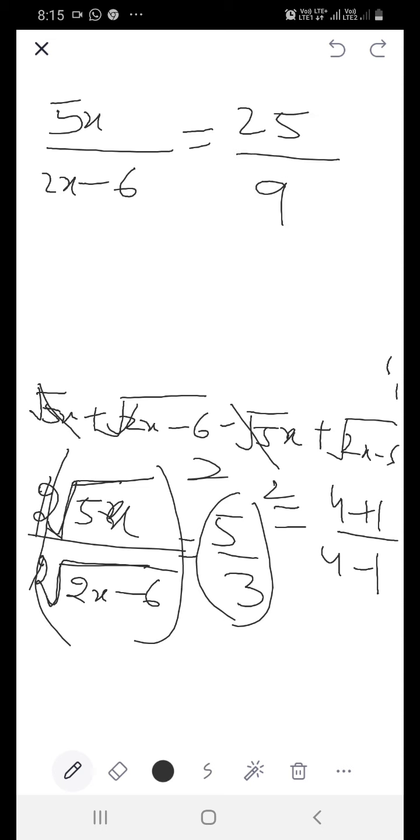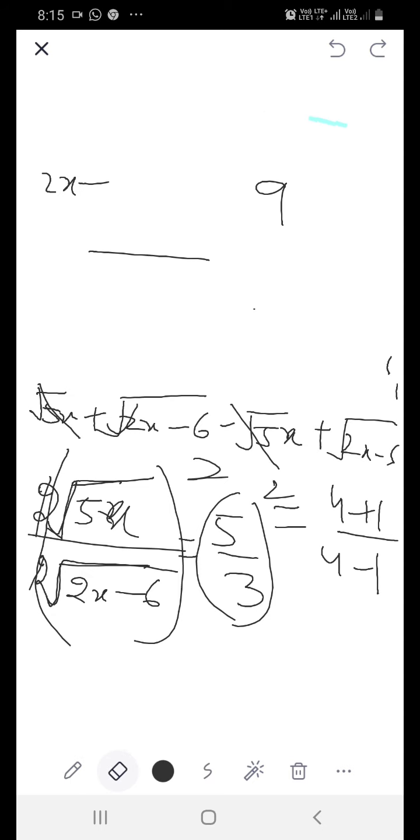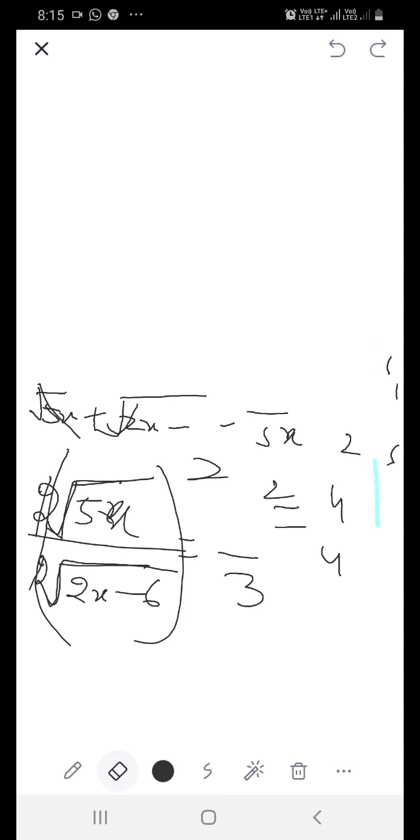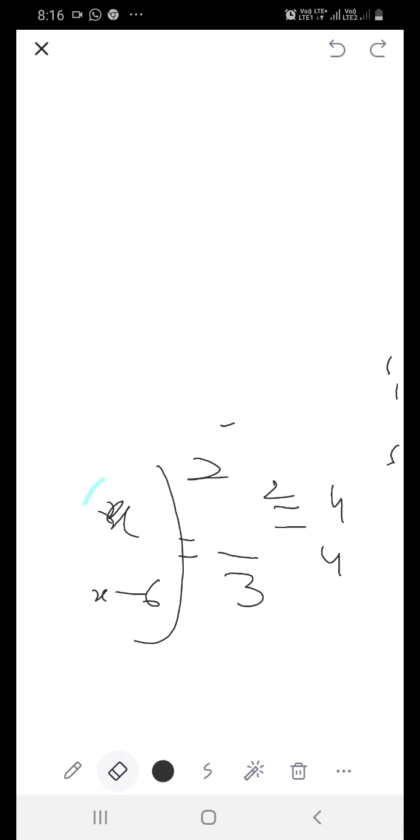Now in order to find x, you can cross multiply and solve further yourself. You'll get an equation in x and you can solve it to find x. This is how you are going to find x in all the parts of this question, 10th, 11th, 12th. You have to use the properties of proportion. And you get one question of such type in your boards also, as you can see in the book also.